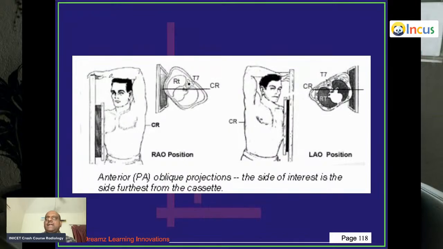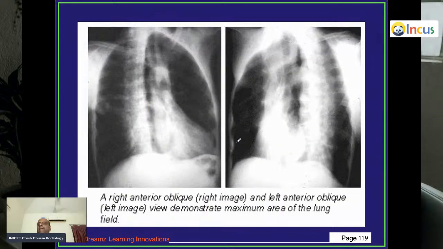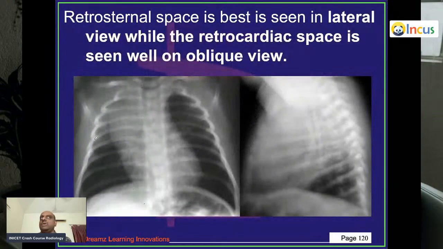So this is the anterior oblique projections. The side of interest is the side further from the cassette. Suppose this side you want to check, cassette should be placed here. So this is typical anterior oblique projections, which are the best way by which a retrocardiac space can be better looked at.